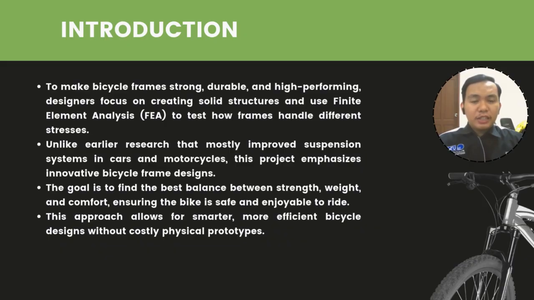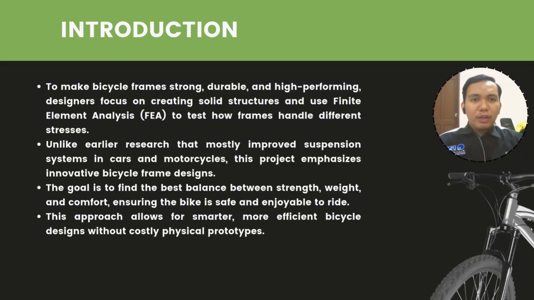Unlike earlier research that mostly improved suspension systems in cars and motorcycles, this project emphasized innovative bicycle frame design. Like I said earlier, our project is focused on the bike frame design and the analysis of the bike frame that we have designed. The goal is to find the best balance between strength, weight, and comfort to ensure the bike is safe and enjoyable to ride. For this project, we focus on the commuter bike, which is the bike that people usually use for leisure rides.